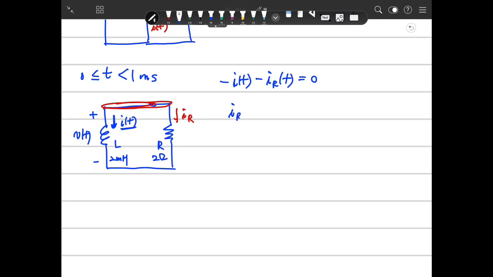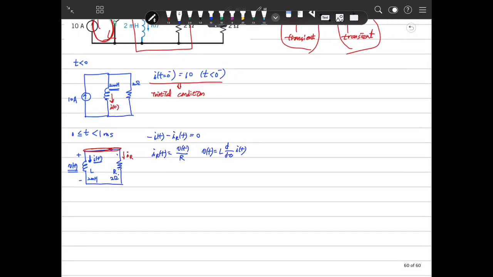Then what is iR? iR(t) is the same as that here, so v(t) divided by R. And what is v(t)? v(t) is defined as L d/dt iL(t) here.